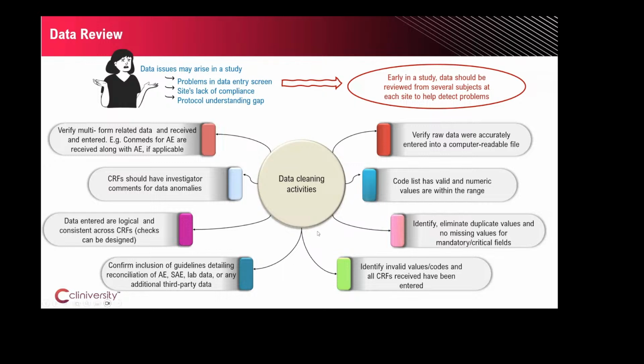So following are the data cleaning activities to be performed. Verifying that the raw data has been entered accurately in the computer, that the code list is valid, numeric ranges, there are reference ranges or normal ranges that get applied to the numeric values on submitting the values, identifying and eliminating any duplicate values, and the system flags if any critical or mandatory fields have any missing values.